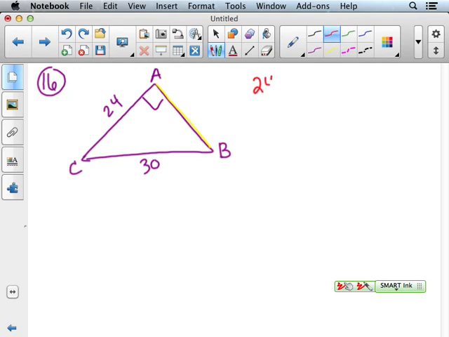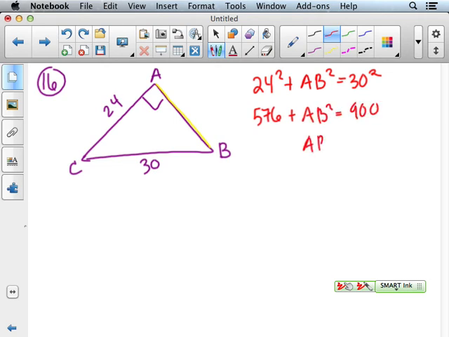So that's 24 squared plus AB squared equals 30 squared. So this is 576 plus AB squared equals 900. AB squared equals 324, square root, and we get that AB equals 18 or negative 18. Remember, we don't want the negative answer because this is a side of a triangle.